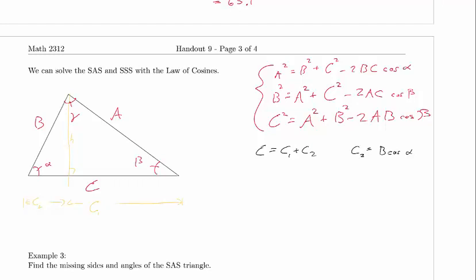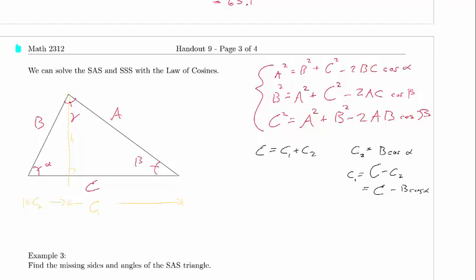All right, and then we want to get something established for C1, and for C1 it simply equals our big C minus C2, which is C minus B cosine alpha.